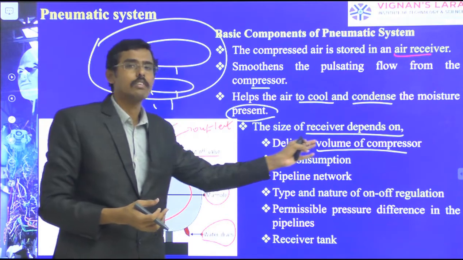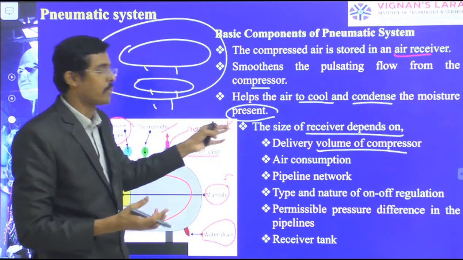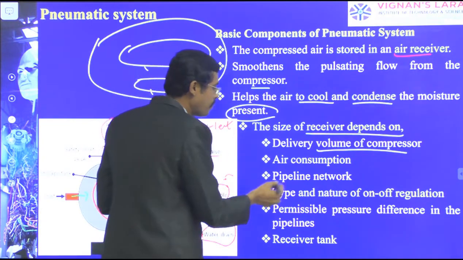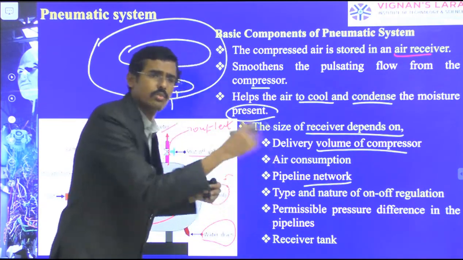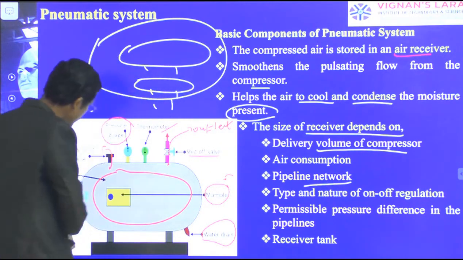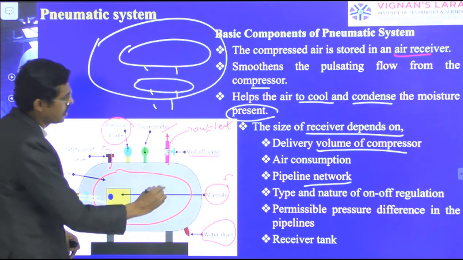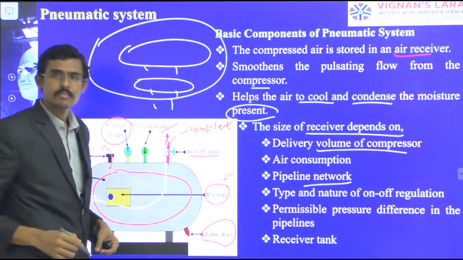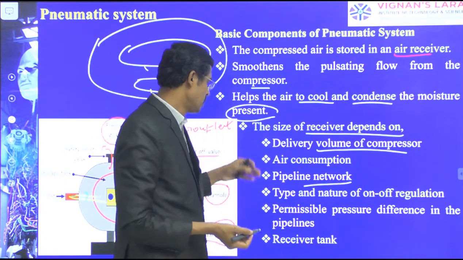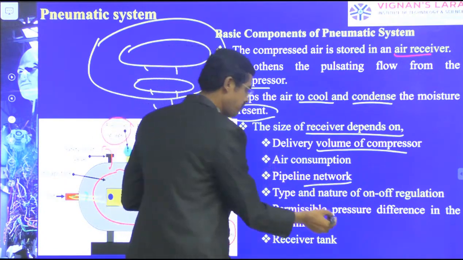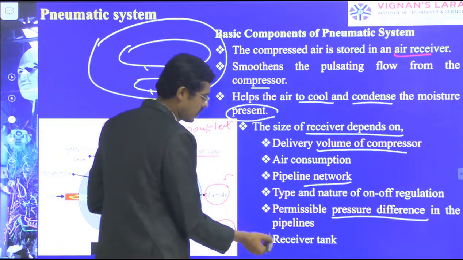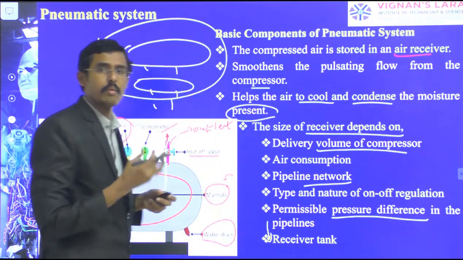Depending upon that, we can purchase or make the compressor size. Air consumption, how much it is, and the pipeline networks, how much flows and how far it is taken out per minute. The inlet keeps being given and the outlet keeps being taken. Also the types and nature of the on-off regulations and the permissible pressure differences in the pipelines. Depending upon those, these reservoir tanks are fabricated.